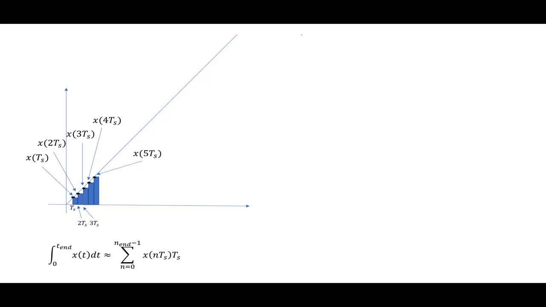Each time through that for loop, I would increase n_end and t_end. So on the first pass, I would have t_end equal to t sub s, so I would have n_end equal to 0.